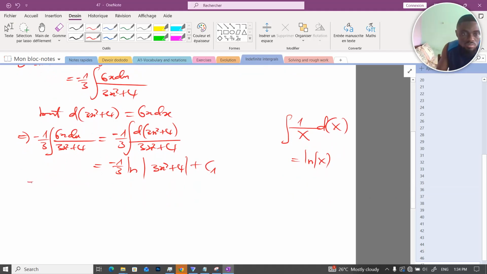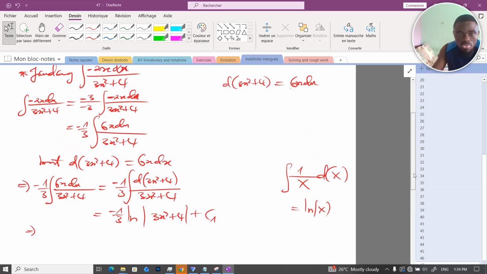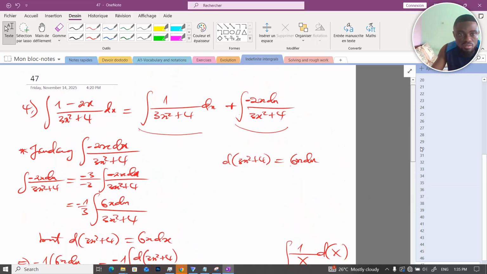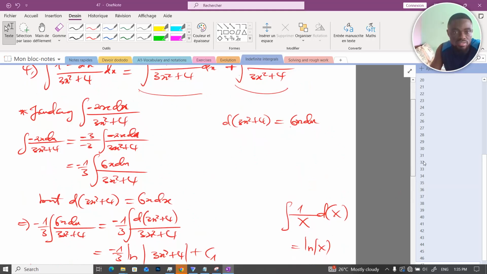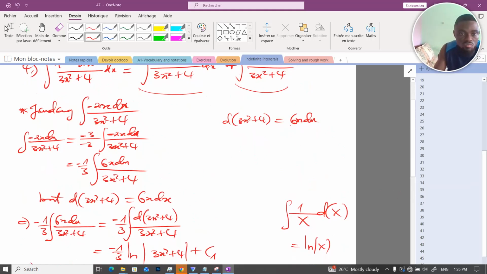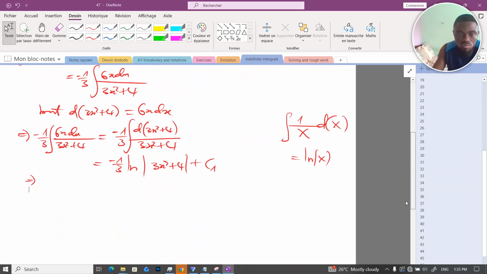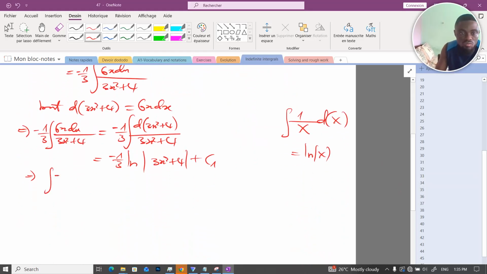So what were we finding? We're finding the integral of minus 2x dx over 3x squared plus 4. So it implies the integral of minus 2x dx all over 3x squared plus 4 will be equals to minus 1 on 3 ln of the absolute value of 3x squared plus 4 plus c1.